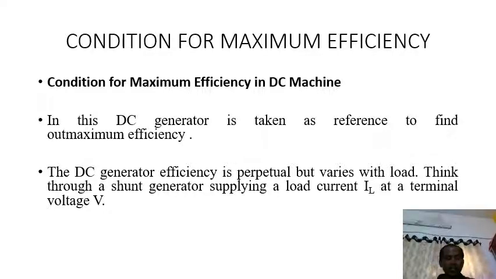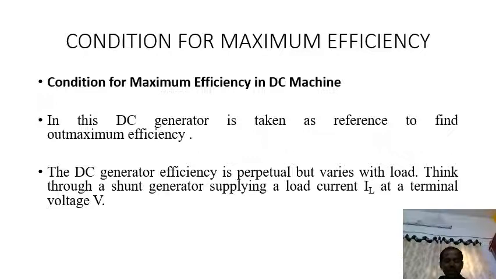In the case of the DC generator, generator input is equal to output of the generator plus losses. Generator output is voltage into current. What is output? VI. What are the losses? When you are considering a shunt field generator, IA is equal to I plus ISS.